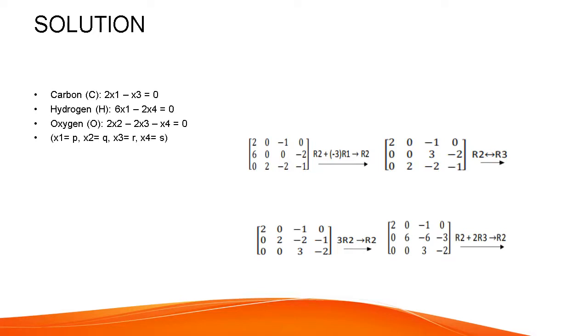Adding negative R1 to R2 to make it 0 under the leading one of the first row. And then we interchange R2 and R3 to get the leading one for the second row. Next, we multiply R2 with 3, and we add 2R3 to R2 to make it 0 on top of the leading one in the third row.